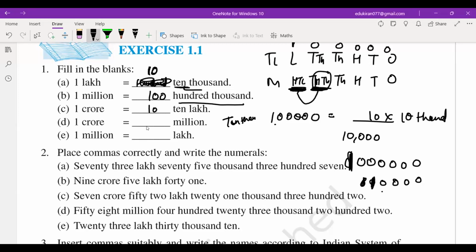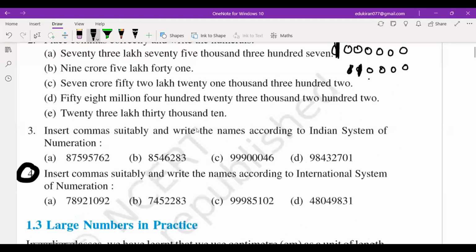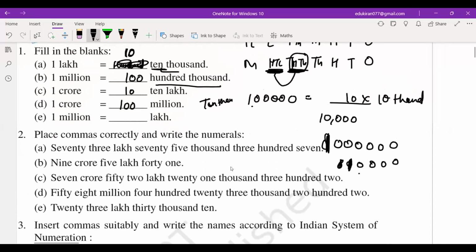Next. 100. 1 crore and 10 million would give you 100. Let's see, 1 crore and million, right? Yes, million. Wait a minute. Okay, next.